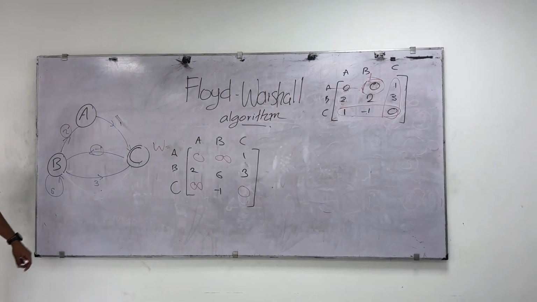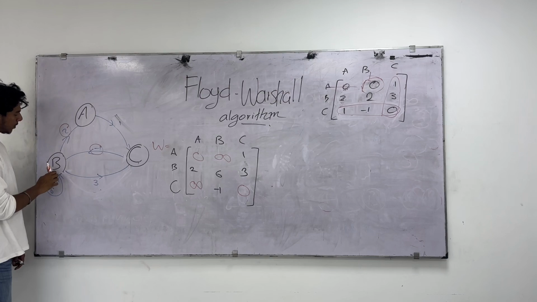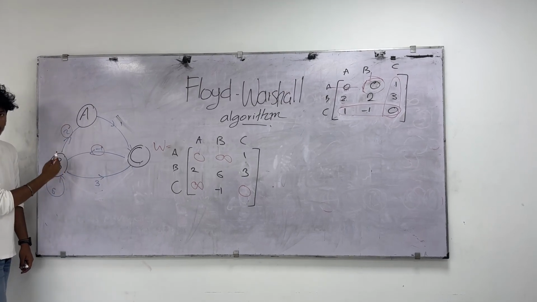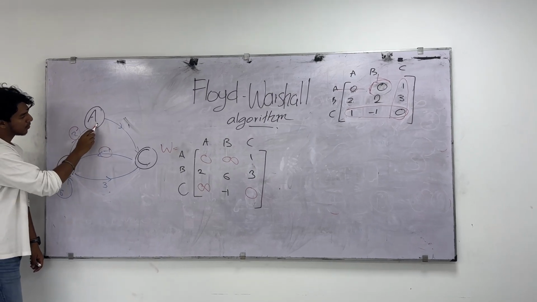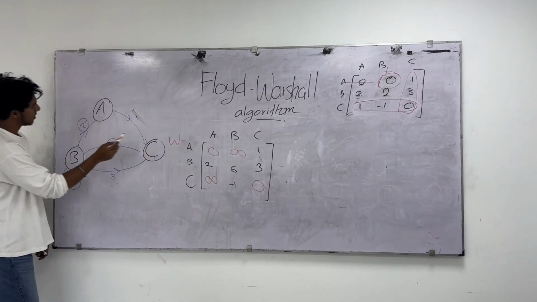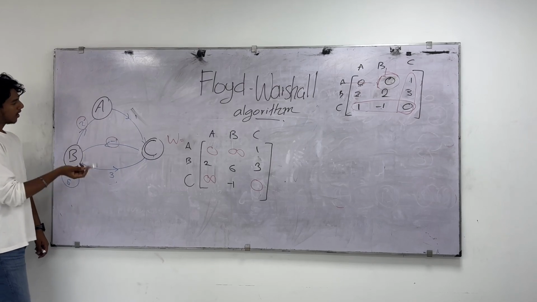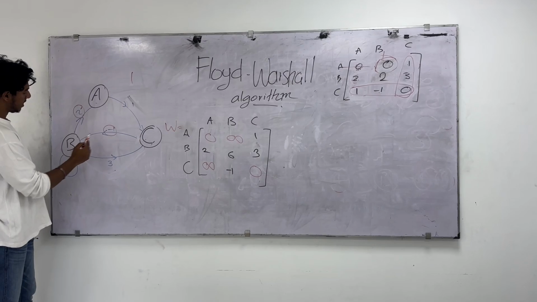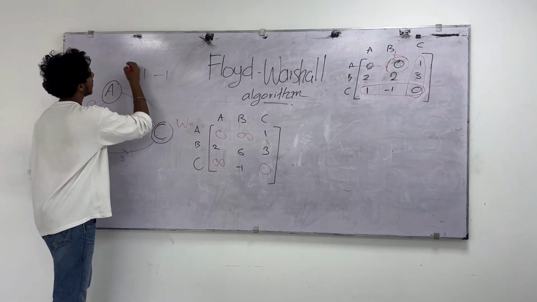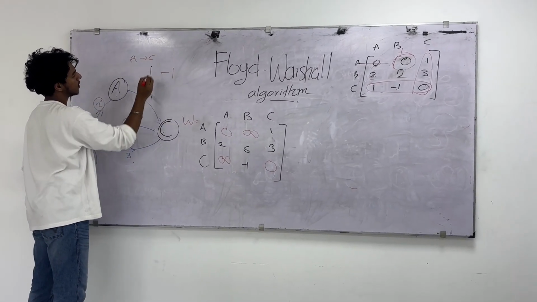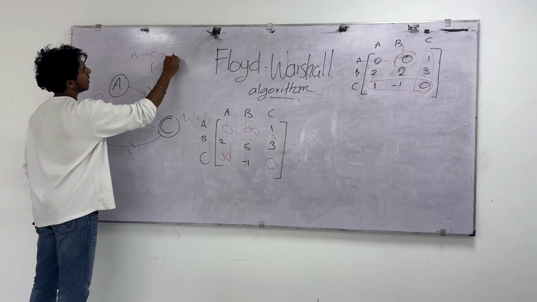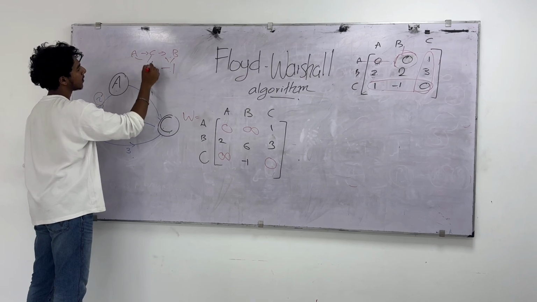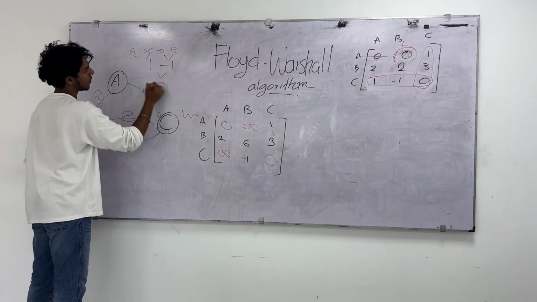Now let's determine how that works. To go from A to B, we can't directly go because there's no connection. We can go from A to C, then C to B. From A to C is 1 and C to B is minus 1, which results in 0.